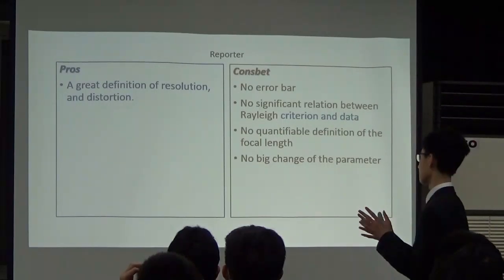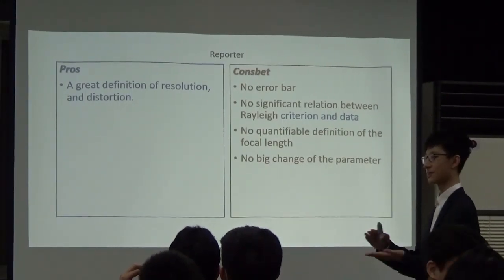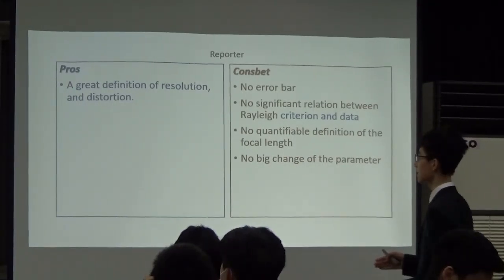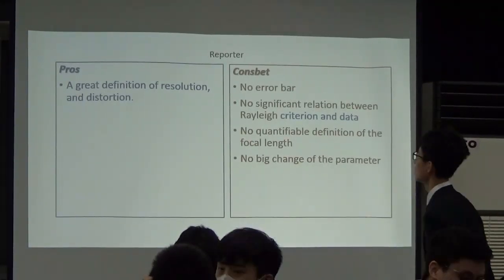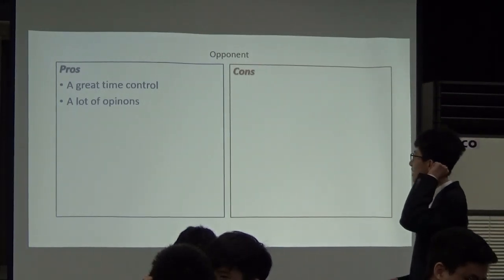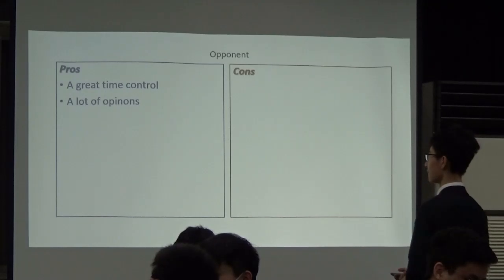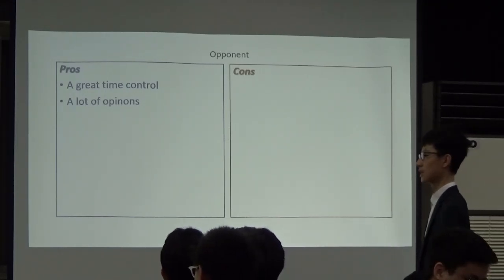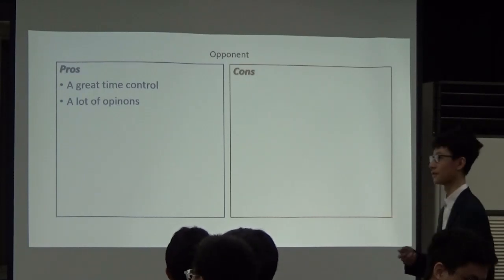The change of the ground is not quite big, so they always show a linear relation, but I think it is important. For the reporters, they have great time control and a lot of options, but they didn't show some of the problems.